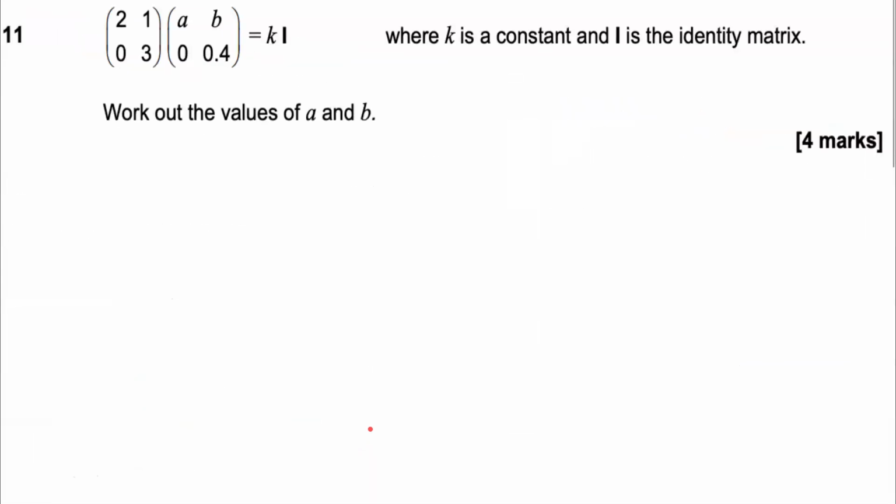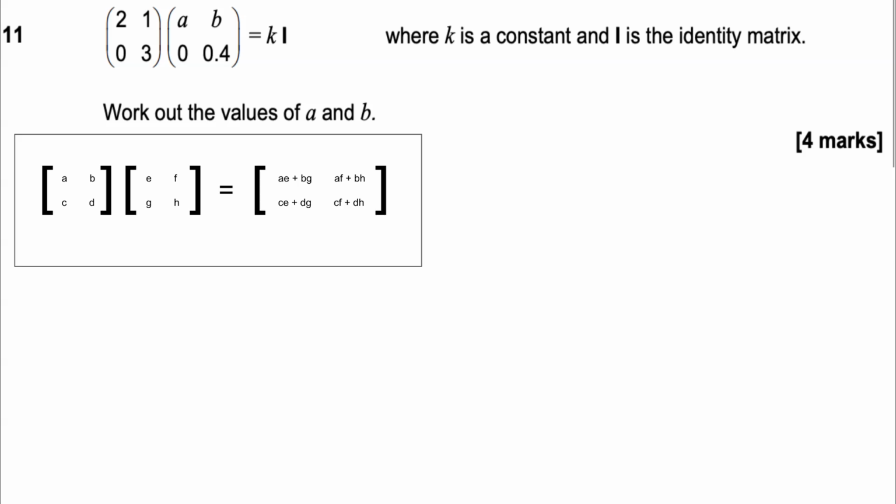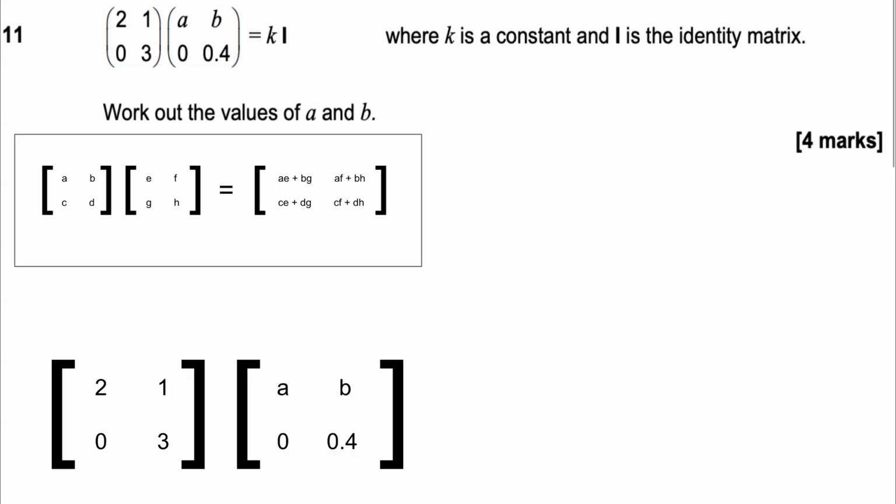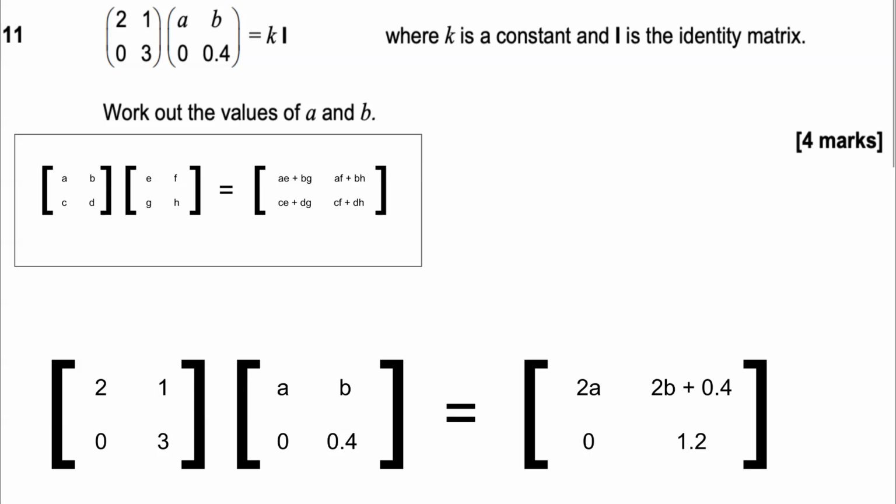So now that we know how to calculate it, after we put it in a box and plug in the values for A to H, we will get 2A, as I've said before. CE will be 0 plus 0, so it will be just 0. CF plus DH: CF is just 0, and DH is 1.2.